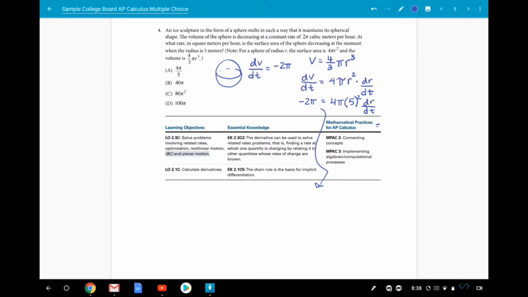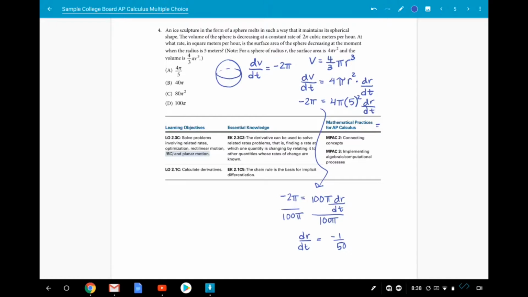So I'm going to get -2 pi is equal to 4 times 25, which is 100 pi dr over dt. I'm going to just divide by 100 pi, and I'm going to get dr over dt is equal to -1 over 50.